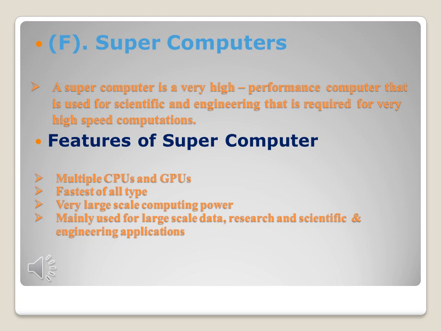They are fastest of all types as the multiple CPUs are available, so the processing will be very fast, with very large scale computing power. They can compute any mathematical operations within a fraction of a second, and mainly they are used for the large scale data research and scientific and engineering applications.